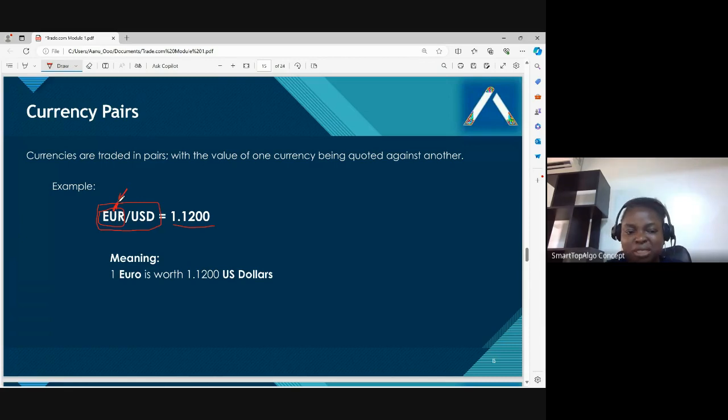Now, what do I mean by this? If you decide to buy, what I am really buying is the first currency. If I decide to sell, sorry for my write-up, what I am really selling also is the first currency.